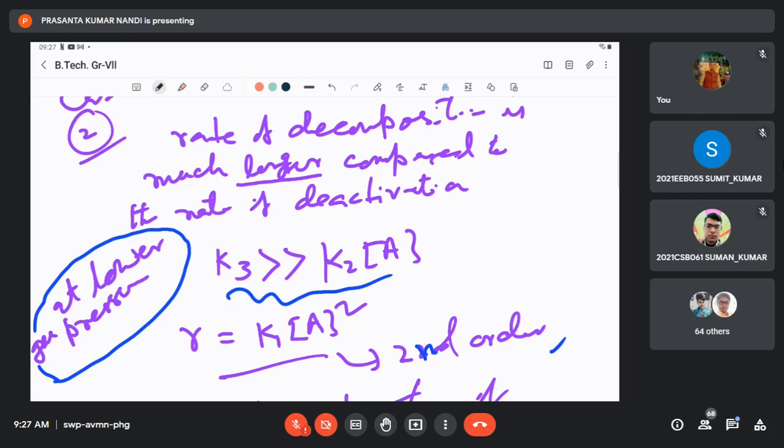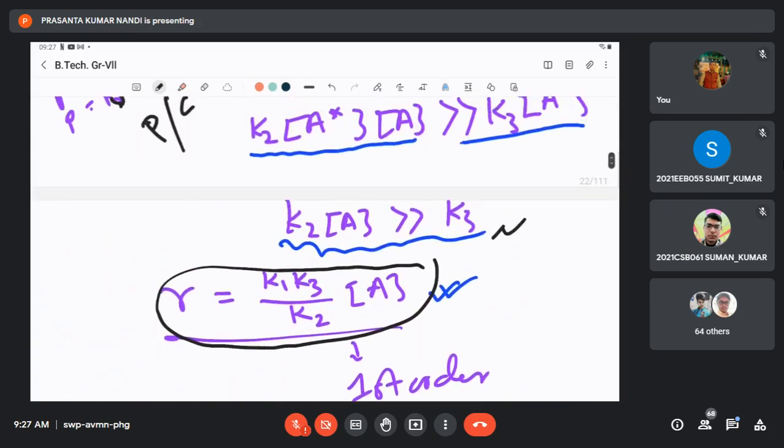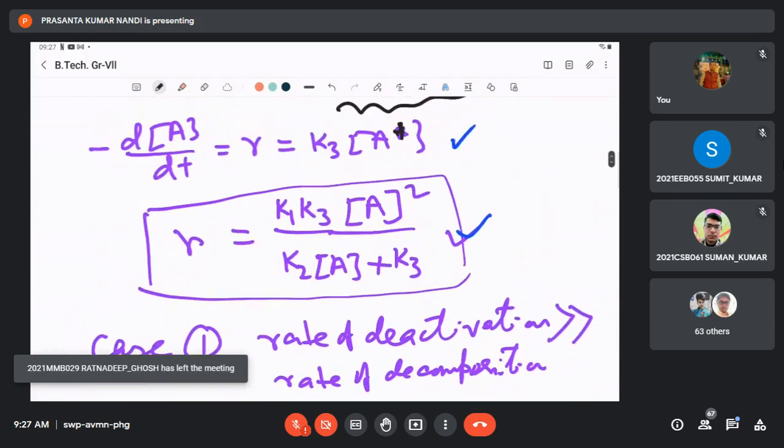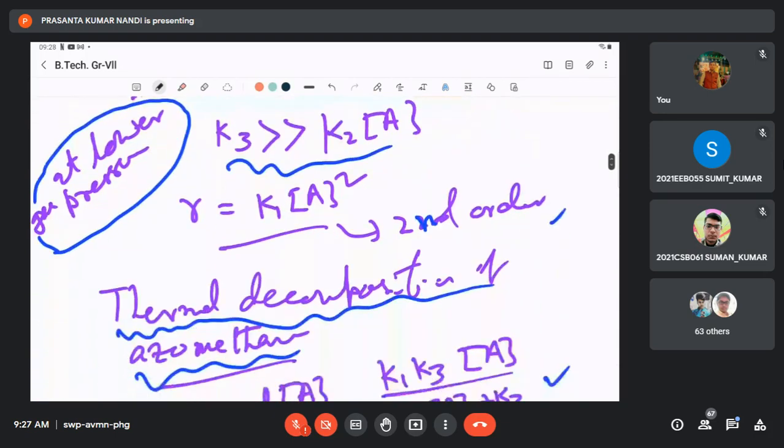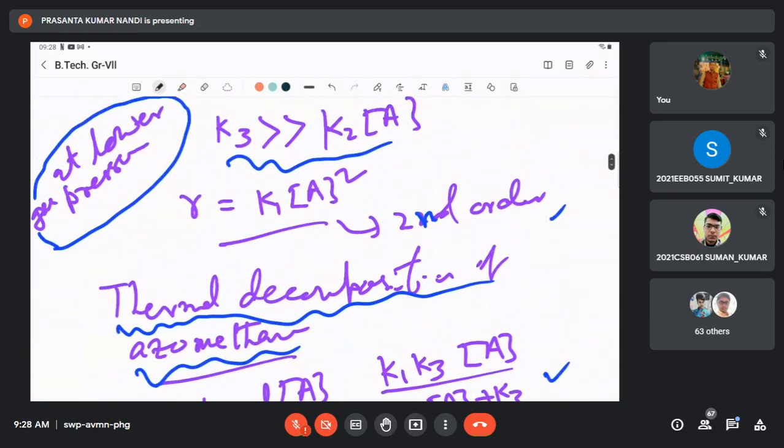Naturally, under this restriction, K3 is much larger than K2A, so in the denominator we can easily approximate and get an expression like this. It is very straightforward. If we put K3 much larger than K2A, particularly at lower pressure, then the overall rate appears to be second order.